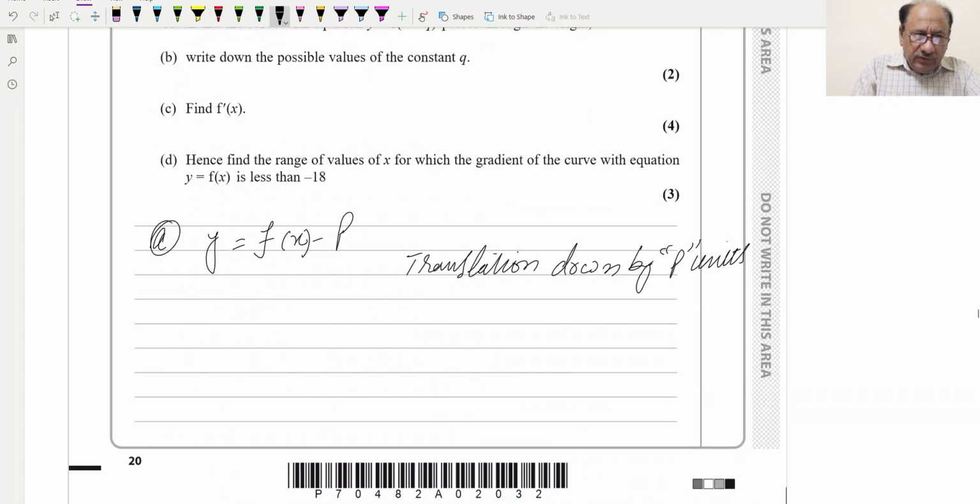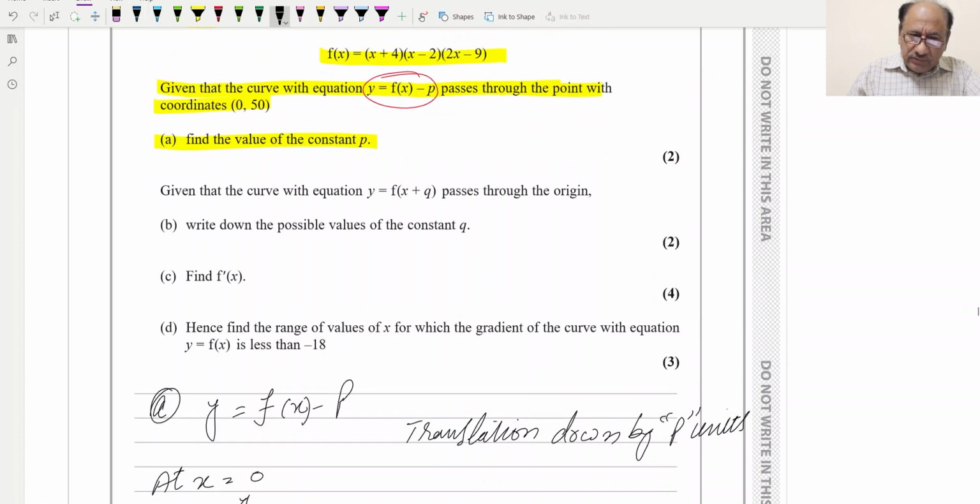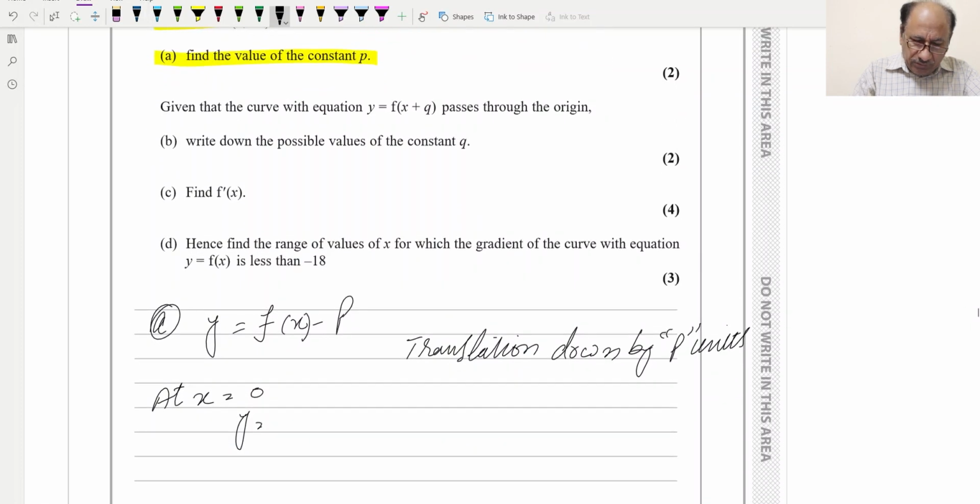So if we replace at x is equal to 0, y will be equal to, and the equation is x plus 4, x minus 2, and 2x minus 9.